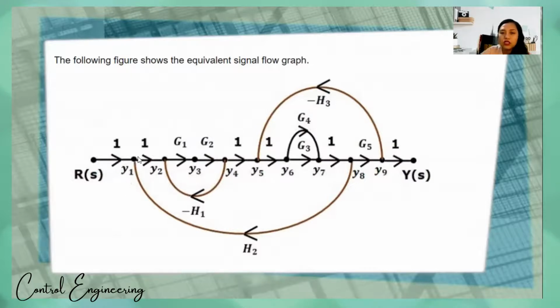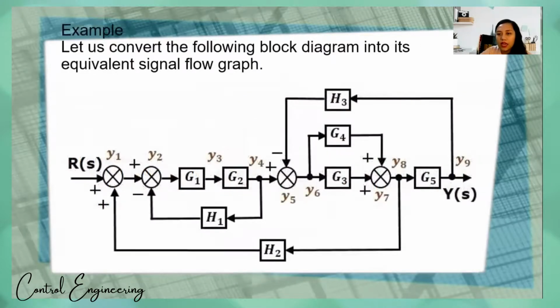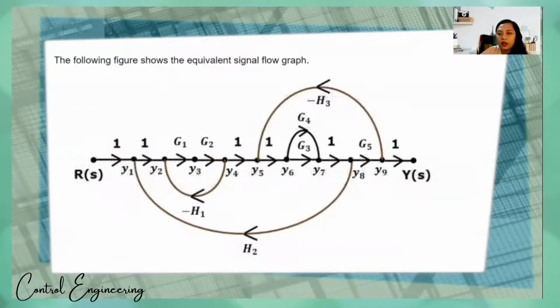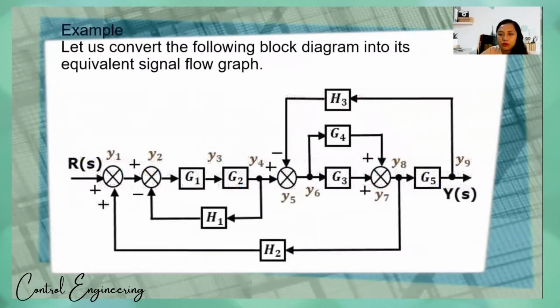Tingnan natin ang connection dito sa Y sub 1. Connection dito sa Y sub 8. Let's see if it's correct. Okay, so ito yon sa H2, itong H2. So nag-connect na sila. Y sub 1 and Y sub 8, ito na, H2. Then itong negative H1. Ito Y2, then Y sub 4, yan, nag-connect din sila.